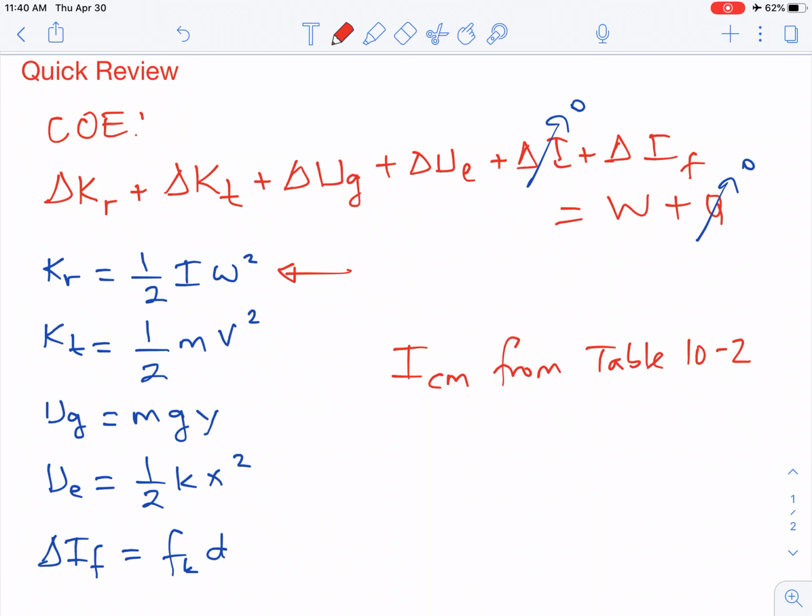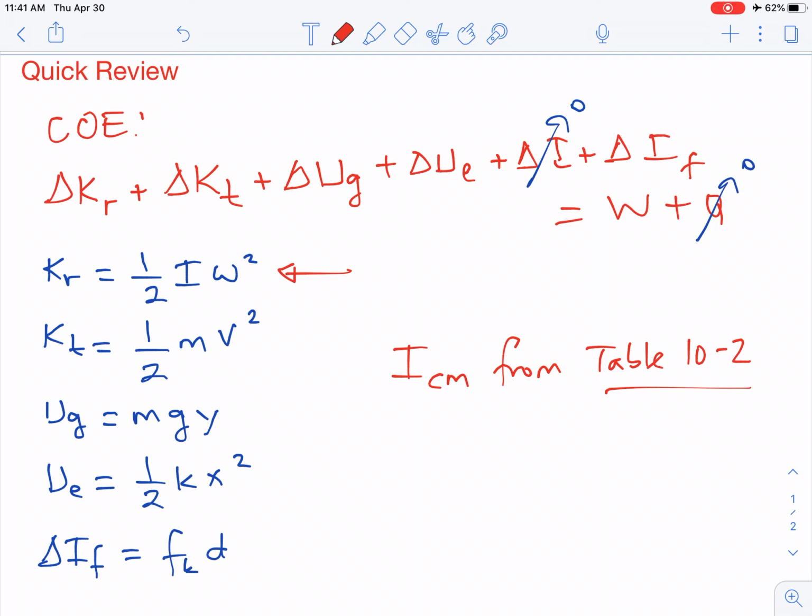I've been adding it to every class for the last 2 classes or so, so you don't need to memorize these. You just need to see, okay, I have a solid disk rotating around its center, so I'm going to use the center of mass inertia for the disk. Or maybe I have a solid sphere, or a hollow sphere, or a cylinder, hollow cylinder or something. So you need to check what you have. That's very important.